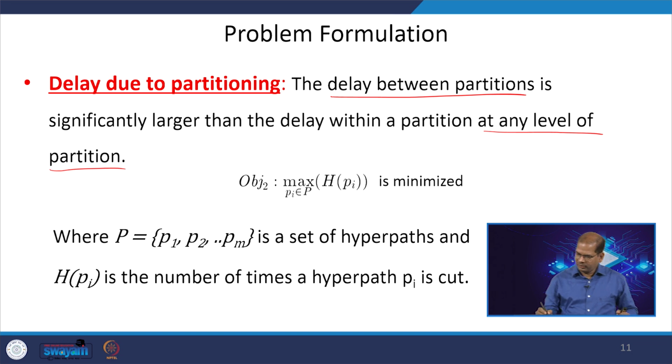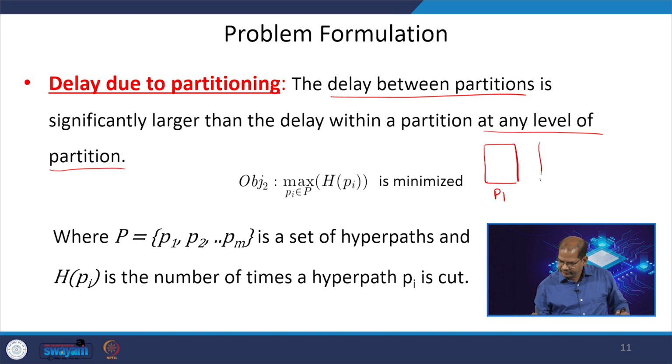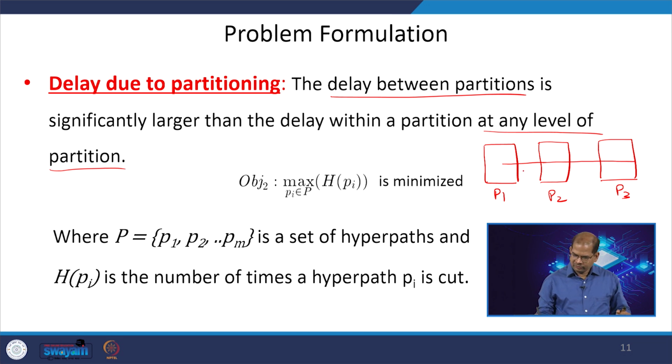Let us say I have one partition P1, then another partition P2, then another partition P3, and a critical signal is going through these. So, I need to take the maximum path delay, the max corresponding to the maximum delay from here to here, inside the partition and outside the partition, and then I need to minimize that.